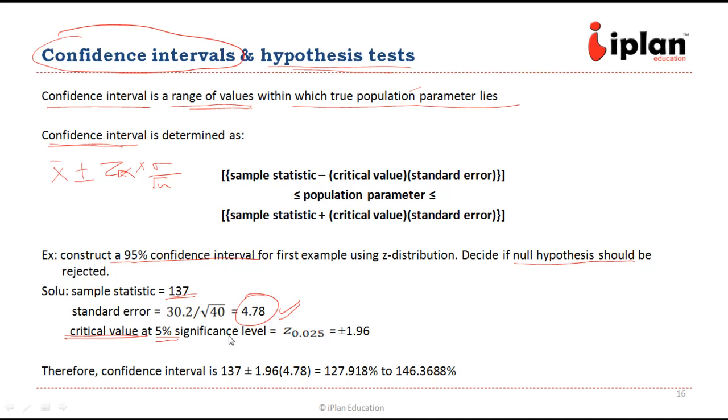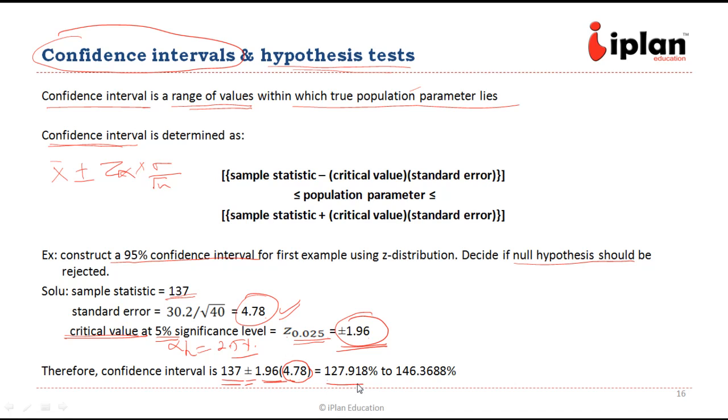Now let us find out the critical value at 5% significance level. We know this is a two-tailed test, so we'll take Z 0.025. Alpha by 2 is 2.5% or 0.025. The critical value is 1.96. From our formula, we can calculate the confidence interval, which is sample statistic plus minus critical value times standard error, which is 4.78.